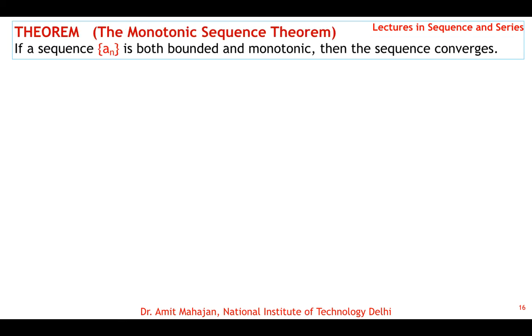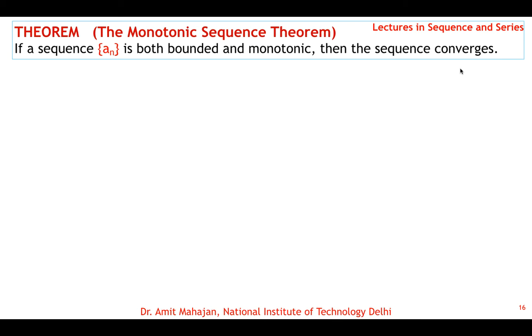Now, finally, a very important theorem, the monotonic sequence theorem. It says that if a sequence an is both bounded and monotonic, then the sequence converges.